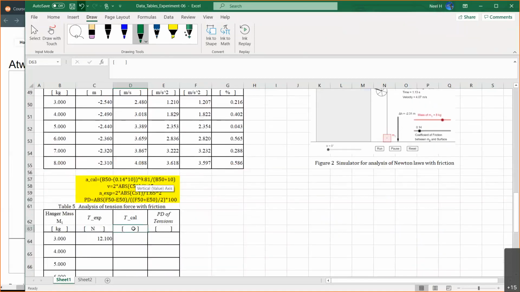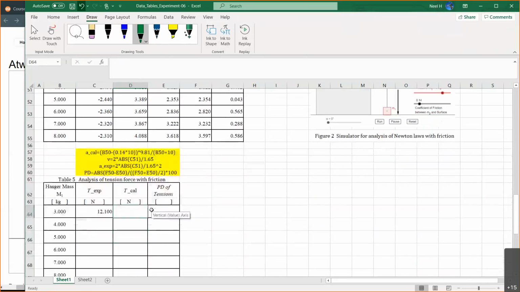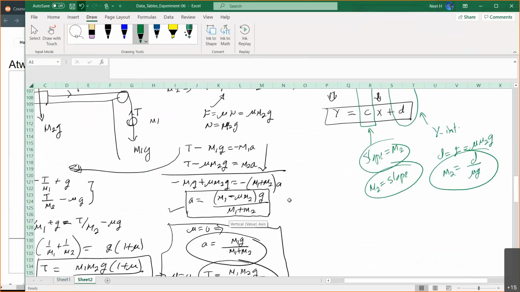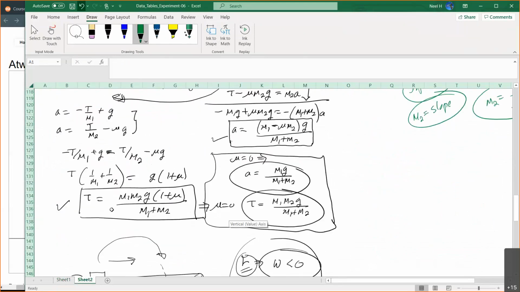If that is not correct, then I have to go back and recheck what has to be different in this case, okay? Let's take a look at the acceleration expected value, this one, the tension expected value. So tension expected value is M1 M2 g multiplied by 1 plus mu, divided by M1 plus M2, only this part is new, right?